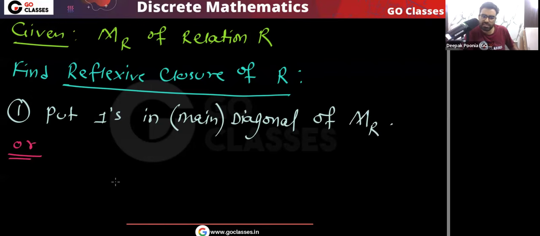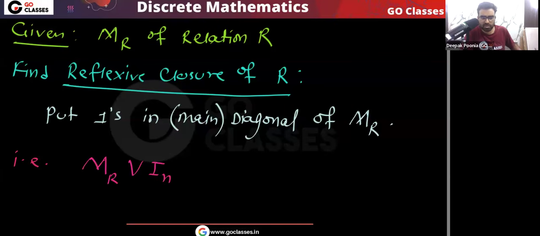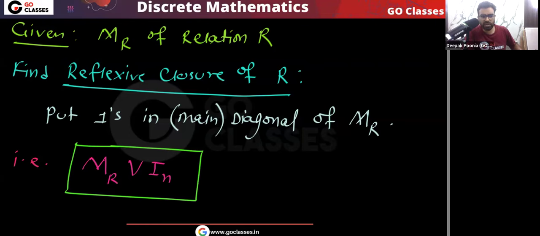Or the same thing in another way, I can say that you are basically doing MR OR identity matrix. This is what you are doing, because the identity matrix has ones in the main diagonal and all the remaining cells are 0.